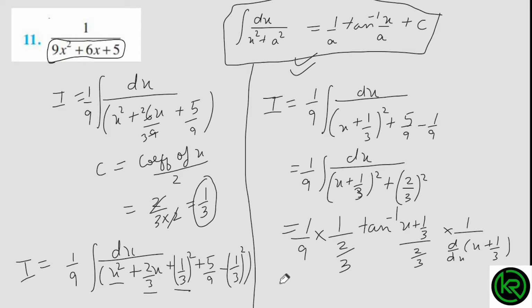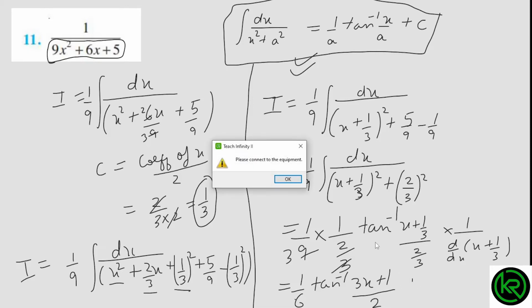It will not change our answer. Okay, so you can see students, here 3 will cancel this 3, this 9, 3 threes are 9, and 3 twos are 6. So tan⁻¹, we are getting 3 will go upside, (x + 1/3) into 3, 3 threes will cancel. So we are getting (3x + 1) upon 2. Okay students, plus c.